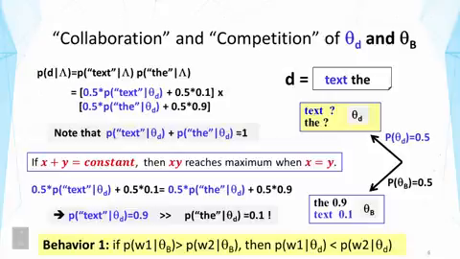This also means that by using a background model that is fixed to assign high probabilities to background words, we can indeed encourage the unknown topic word distribution to assign smaller probabilities for such common words. Instead, it puts more probability mass on the content words that cannot be explained well by the background model, meaning that they have a very small probability from the background model, like text here.